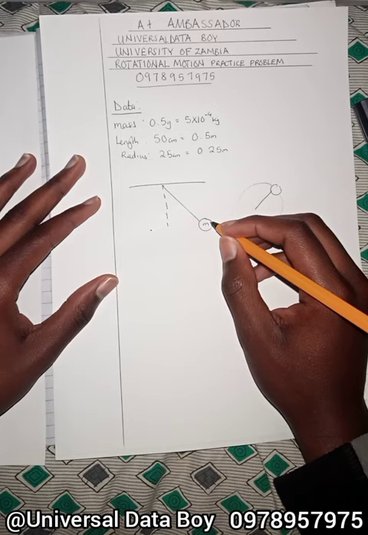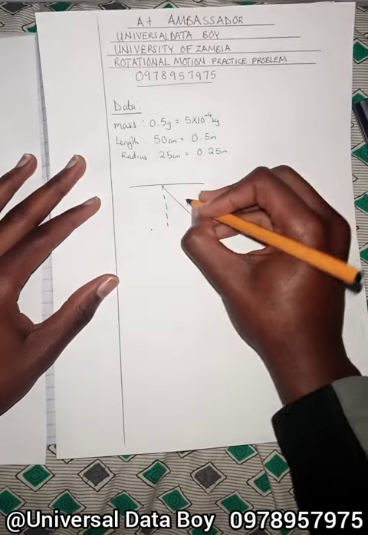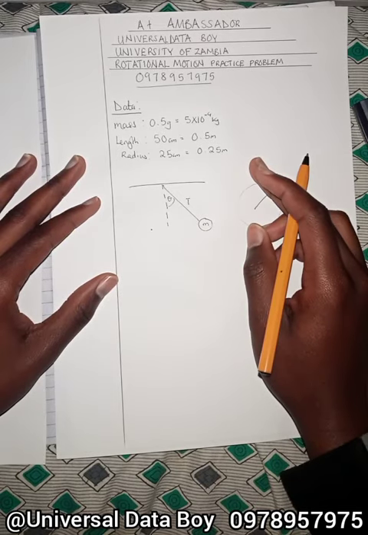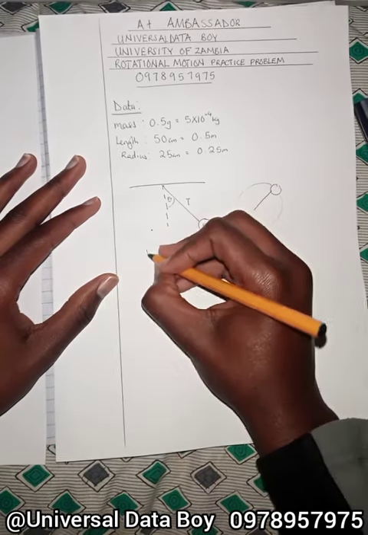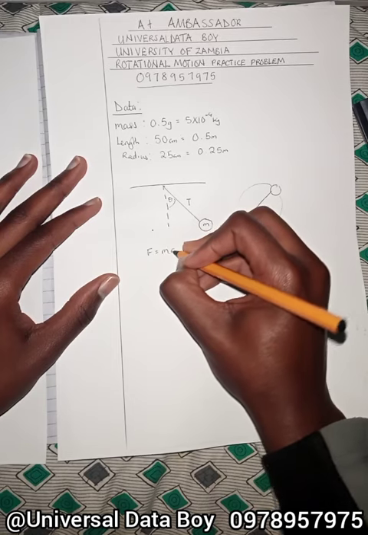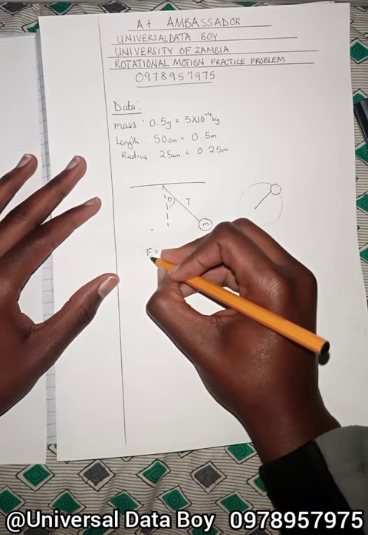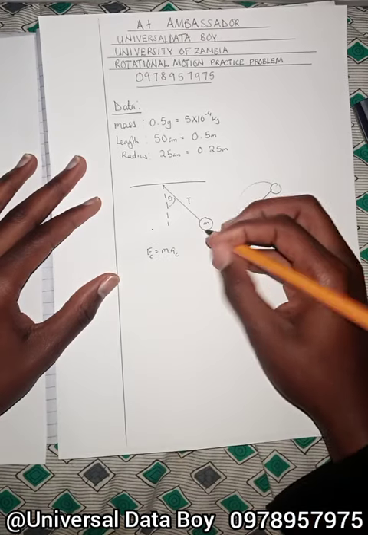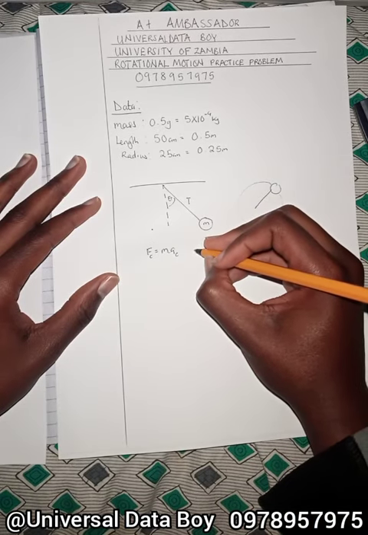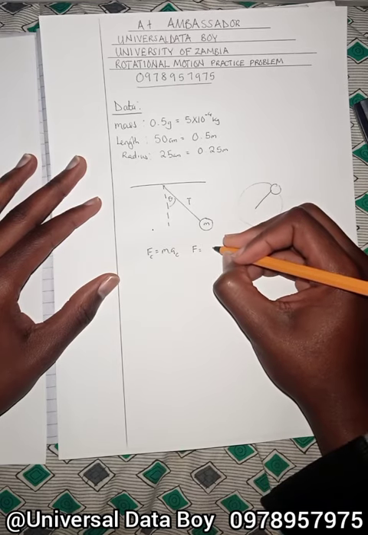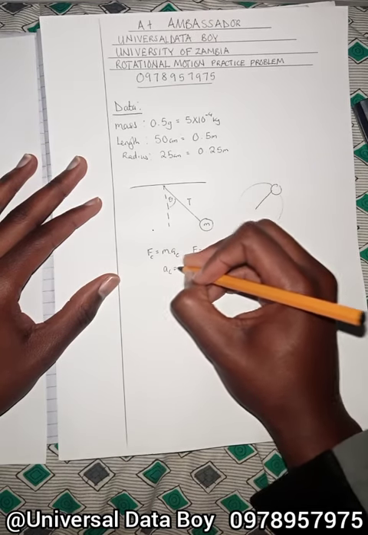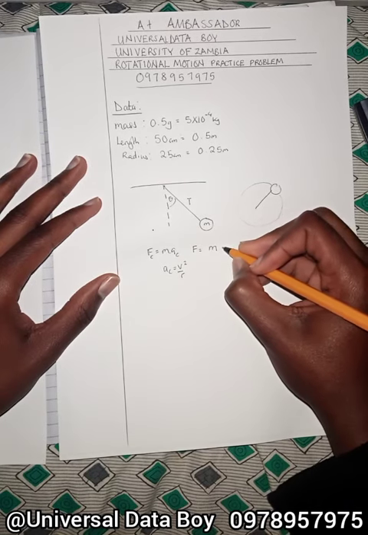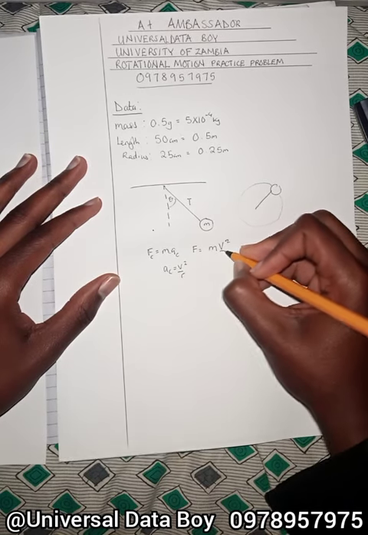first of all, we are going to find the tension force in this rope, so that the tension force can now allow us to find the velocity. So we are going to use this equation, F is equal to ma, and if the force is centripetal and the acceleration is also centripetal, then since the acceleration is equal to v squared over r, the force will be mv squared over r.